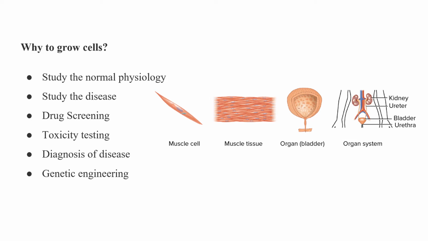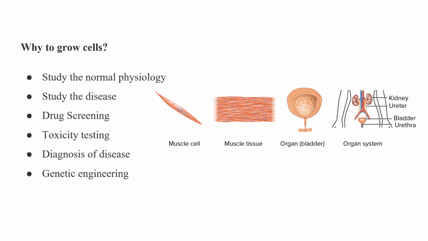Study of disease: in disease, some normal physiology is altered. There are some changes in the organ or cell, so they can be studied from the cell. If there is a disease in some organ, the cells of that organ can be studied to see what the changes are in the disease condition.